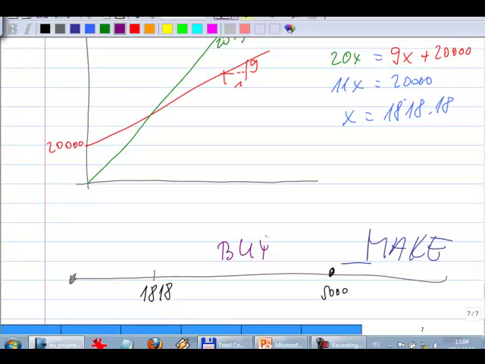Oh no, why not? I need my break-even point too. Who are you, supplier or buyer? Buyer. Okay, so my break-even point is 1,000.